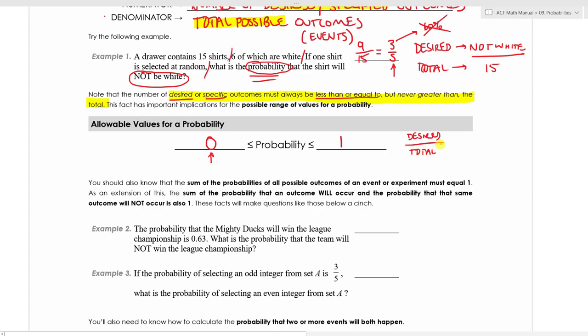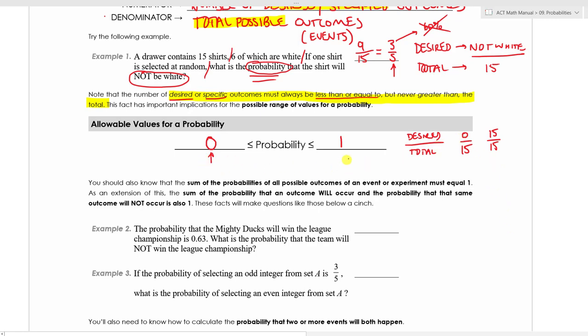So for instance, in the previous question, if all 15 shirts had been white, then there would be a 0 out of 15 chance that the shirt we pick would not be white. And if there were no white shirts in the drawer, then there would be a 15 out of 15 chance or probability that we would pick a not white shirt.